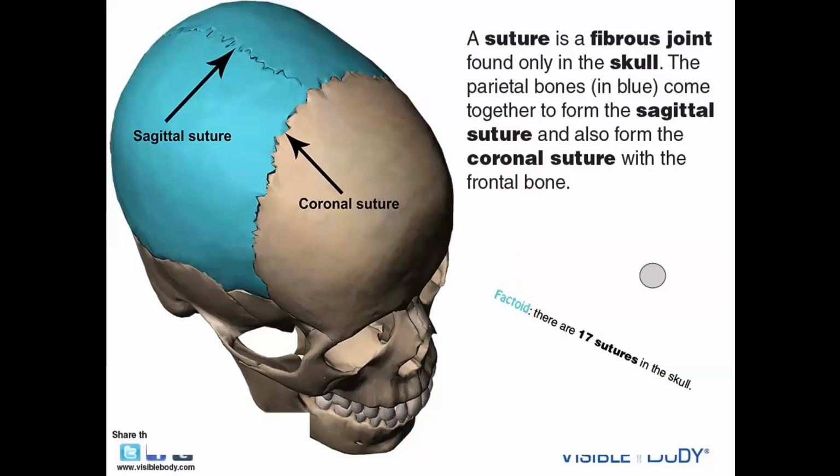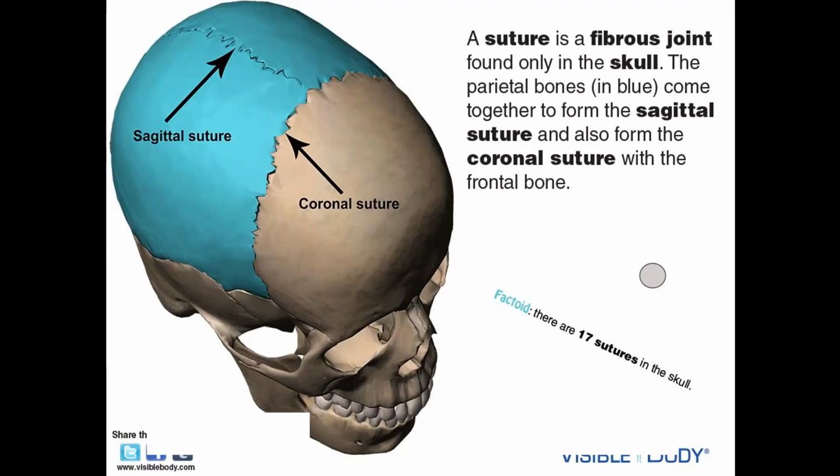Okay, sutures, suture line. The term for a suture is a fibrous joint. We'll get into that when we talk about joints and articulations. The only place we have sutures is in the skull. This shows you your sagittal suture, dividing along the sagittal plane, giving you a left and right side of the skull, with your two parietal bones, one on either side.